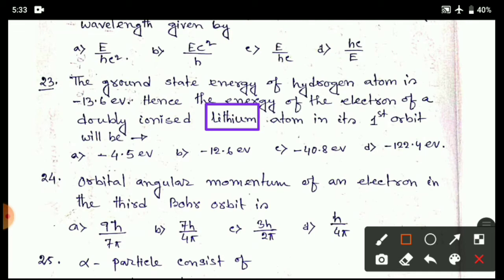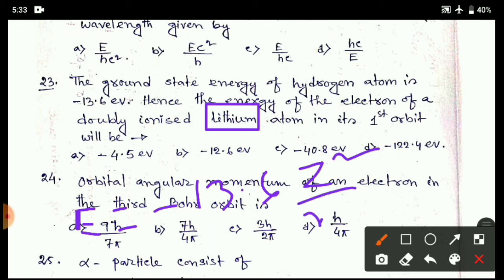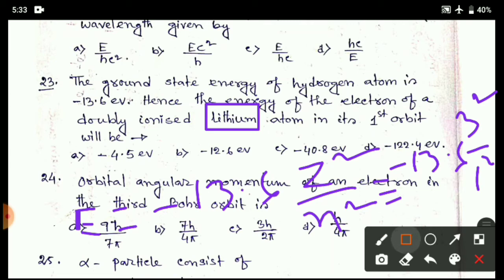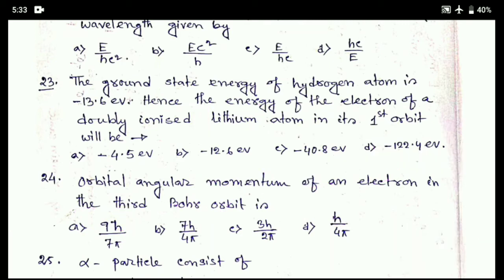We know that energy E equals minus 13.6 Z squared divided by n squared. For the first orbit, n equals 1, and for lithium Z equals 3. So this is 3 squared divided by 1 squared, and it will be minus 122.4 electron volt.